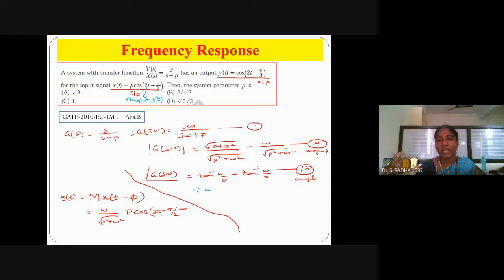Since omega equal to 2, in equation 1b the phase angle value is 90 minus tan inverse omega, which is 2, divided by p. This is the total phase angle. We have to write it here: 90 minus tan inverse 2 by p, okay.